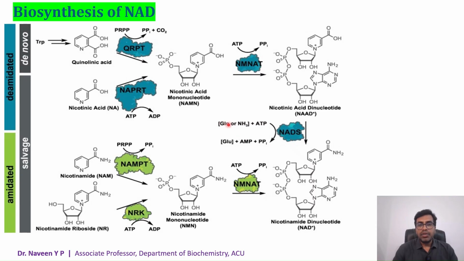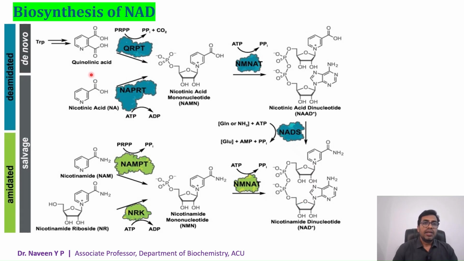Now, that amine group will be taken by this enzyme and transferred onto here to synthesize an amide group over here. For this it requires a large amount of energy. That energy is generated from hydrolysis of this ATP into AMP and PPi. Finally, we have nicotinamide adenine dinucleotide, or NAD, the synthesized NAD here.